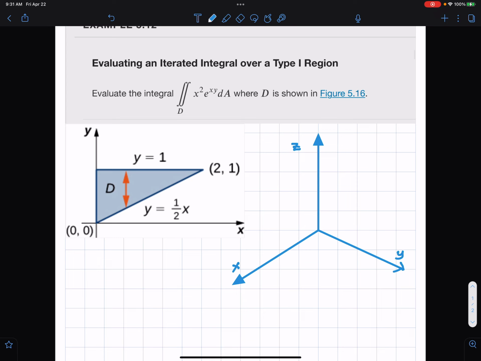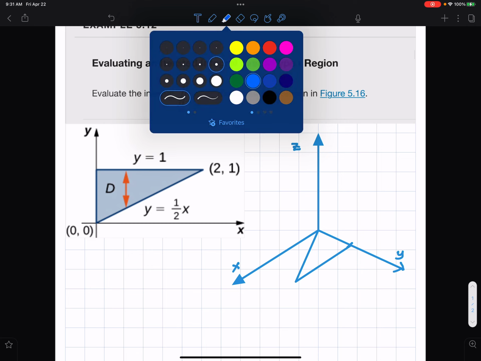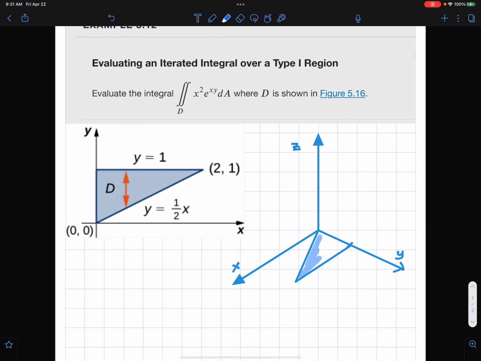This picture doesn't really help anything, but I'm still going to draw it. So I'll make a rough sketch of it. It's a triangle, and it looks like I got it somewhat right. I'll shade that in. So that's the region D down there.